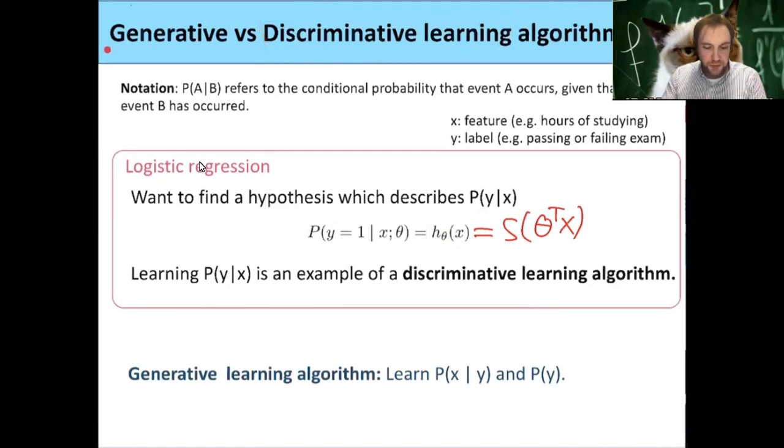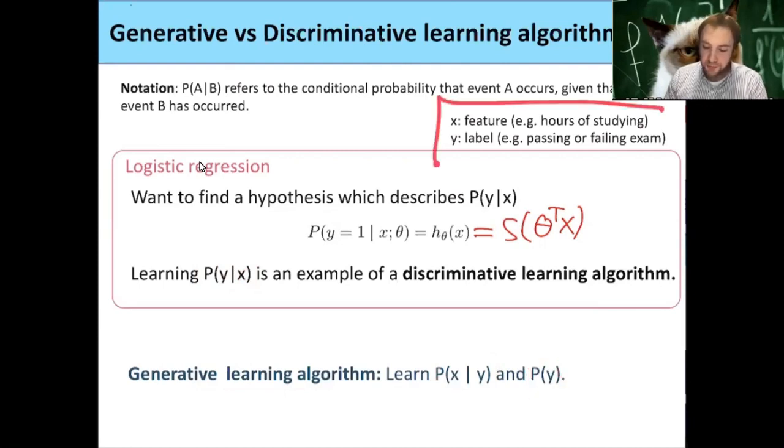What we want to do today is this generative learning algorithm. So instead of learning the probability of y given x, we want to learn the probability of x given y, and the probability of y.